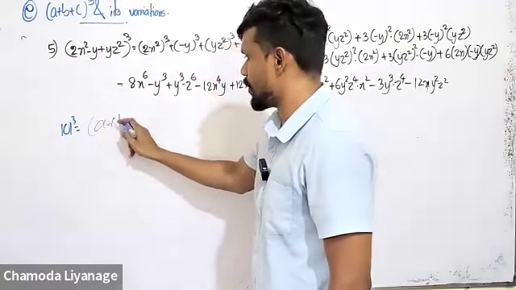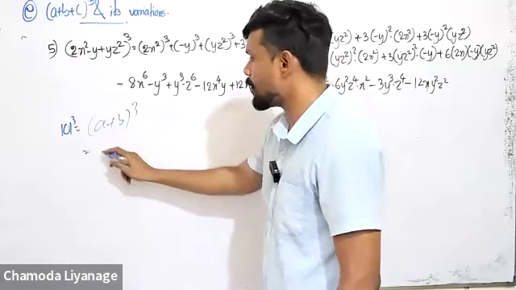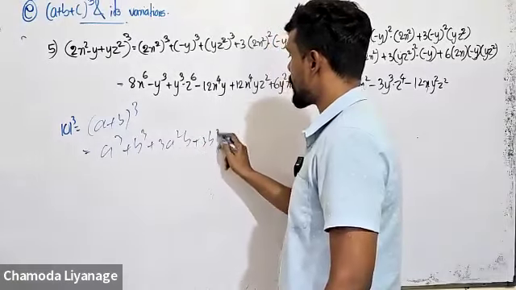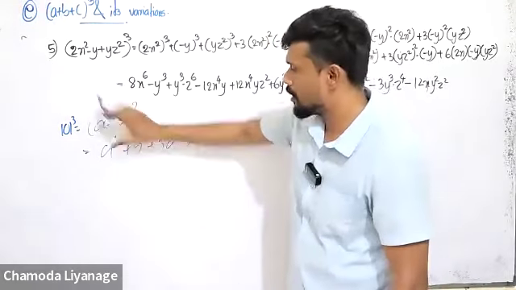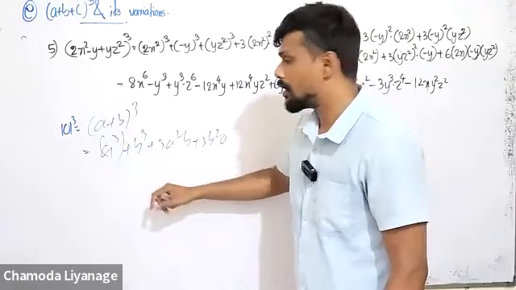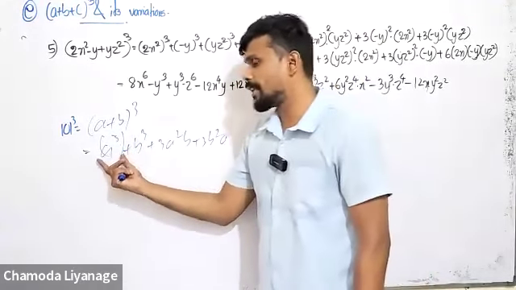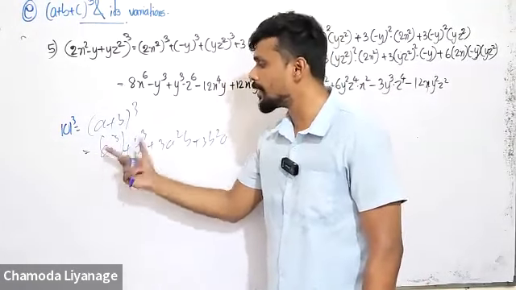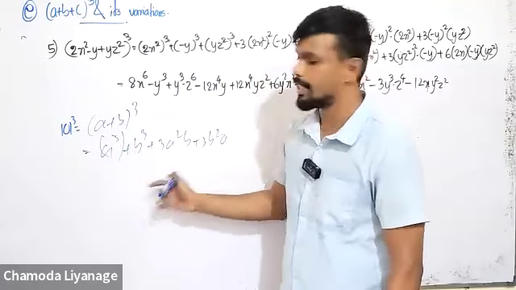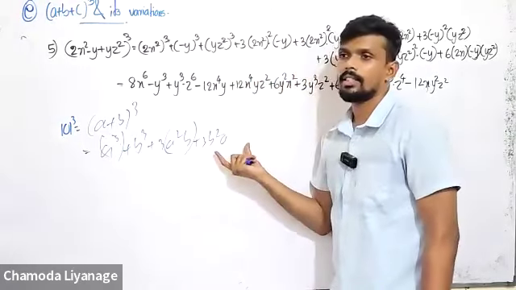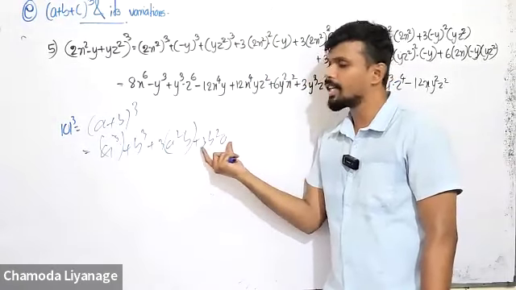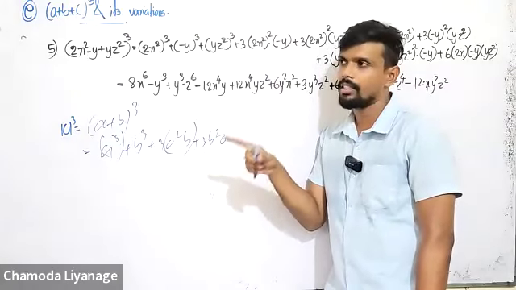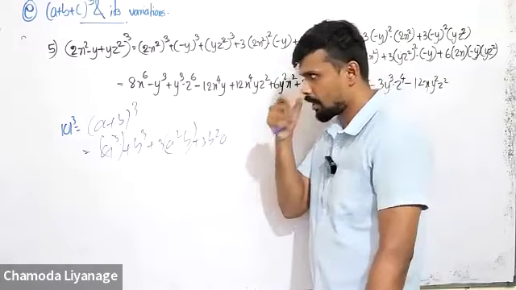That means first we write like this, and after that we expand: a plus b cubed is a cube plus b cube plus 3a squared b plus 3b squared a, right? Then we would be able to find the value of a cube very easily, b cube very easily, and these terms too. That's the point we have to consider.